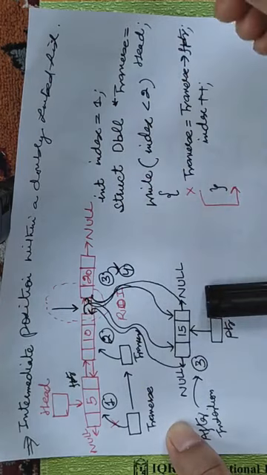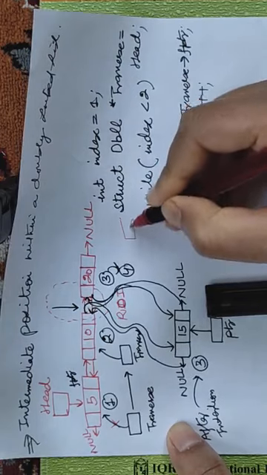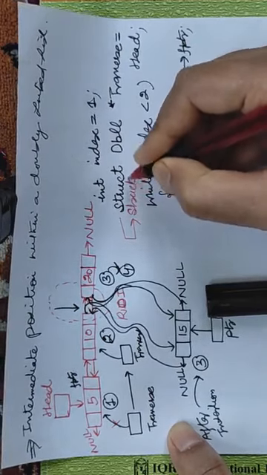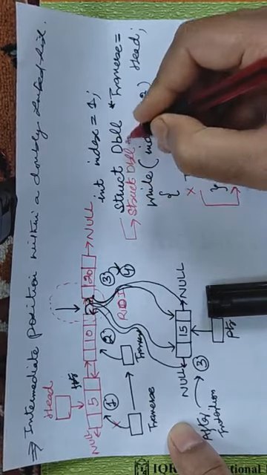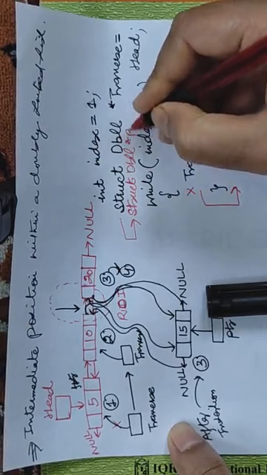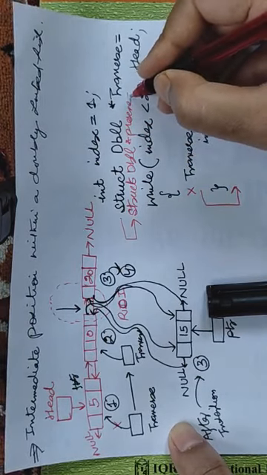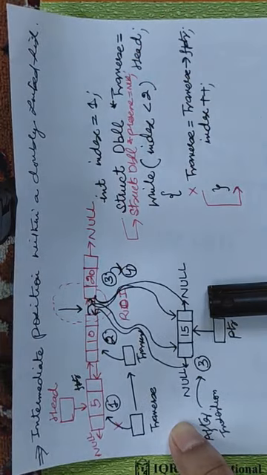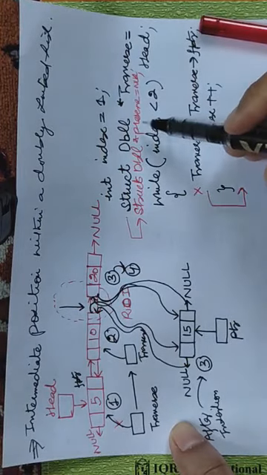So here after this statement we will say struct dbll star, let us call that pointer preserve and set it to null in the first place. Now what is the purpose of this preserve?